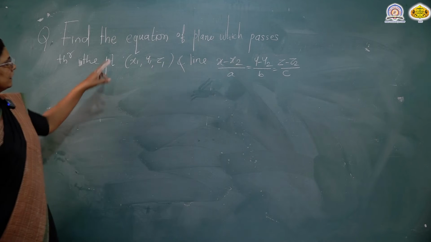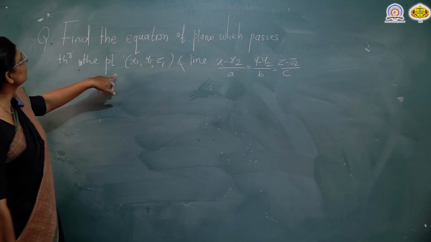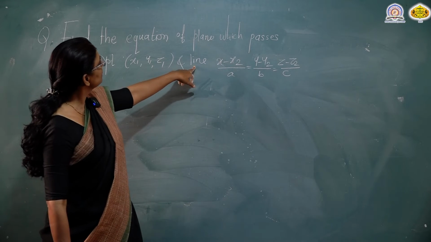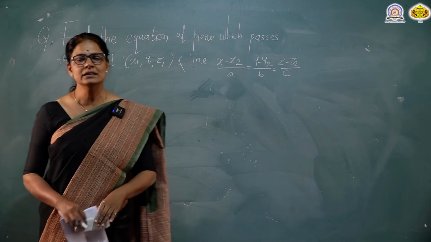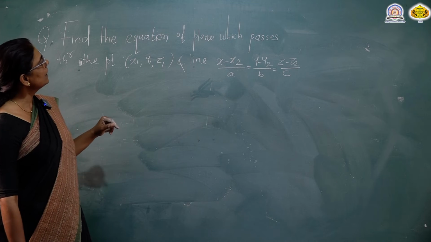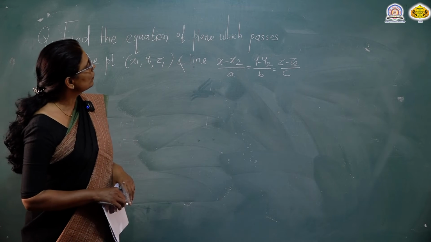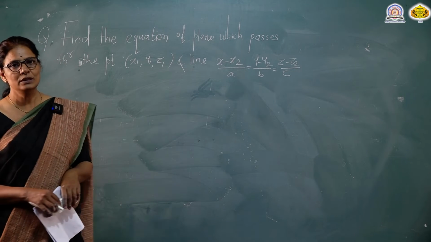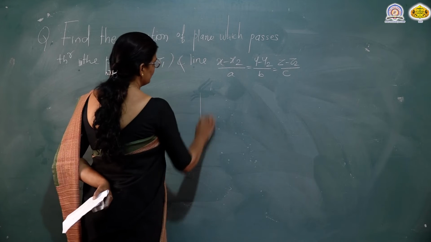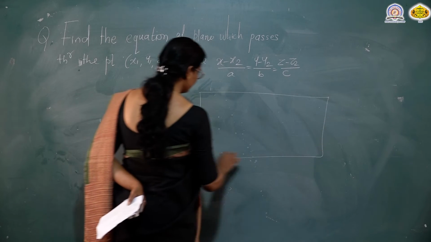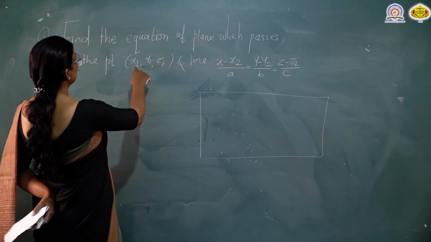So the question is, find the equation of the plane which passes through one point and contains the line (x minus x2) upon a equals to (y minus y2) upon b equals to (z minus z2) upon c. So suppose this is a plane, and the plane is passing through this point.